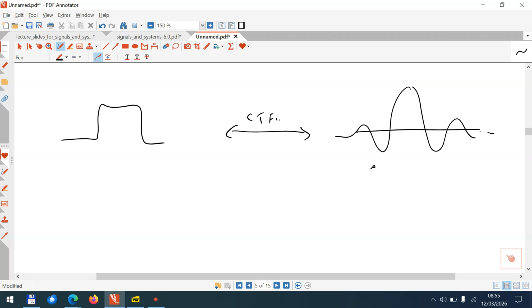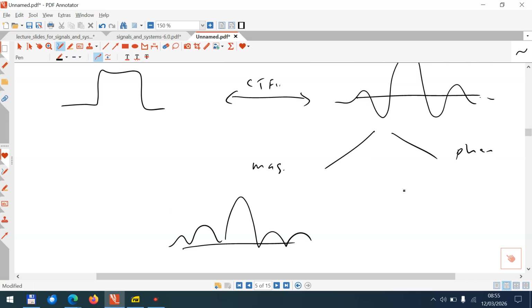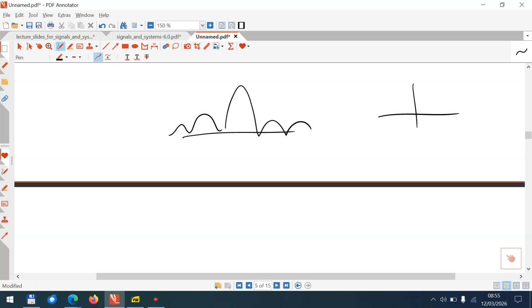If you want to turn this into magnitude and phase, the magnitude plot, because it has to be positive, will look like this. You take the absolute value, and similarly you will have some phase plot. So we want the same for 1.